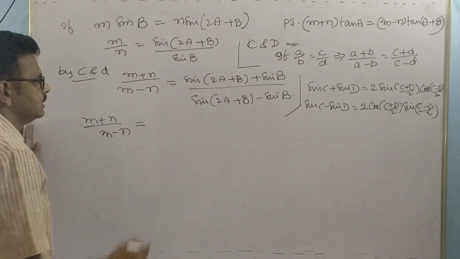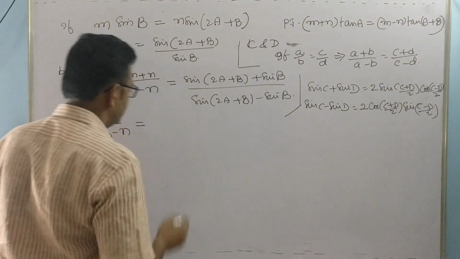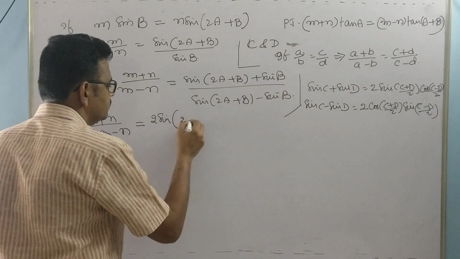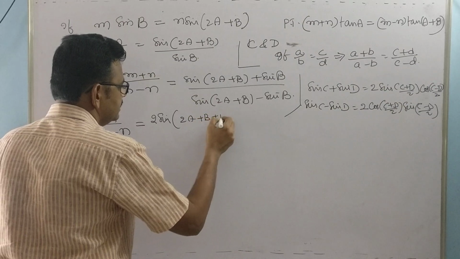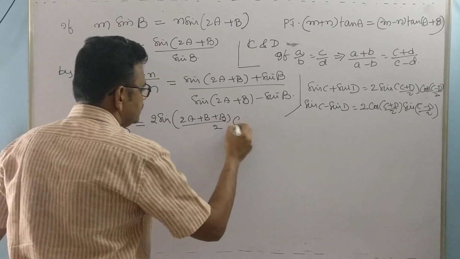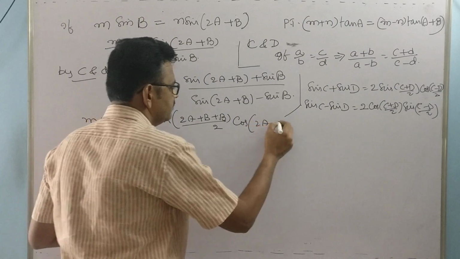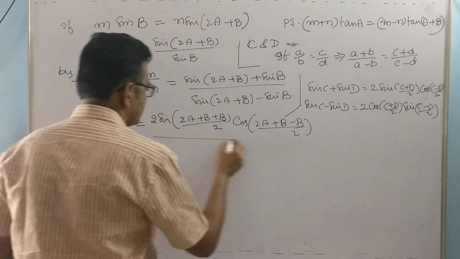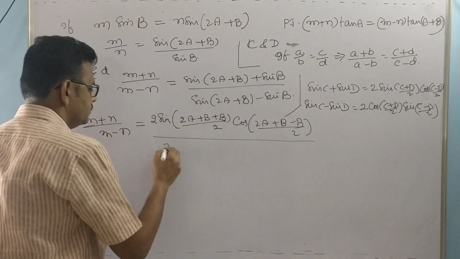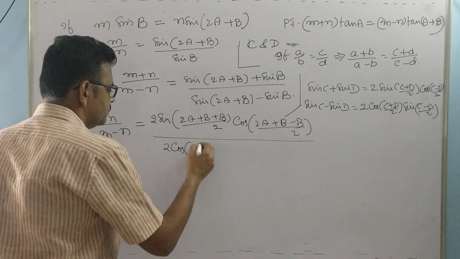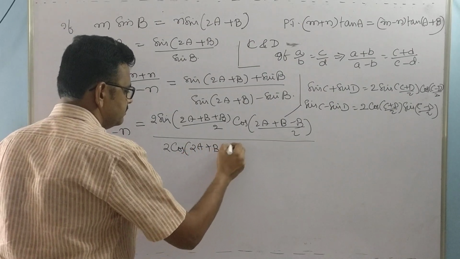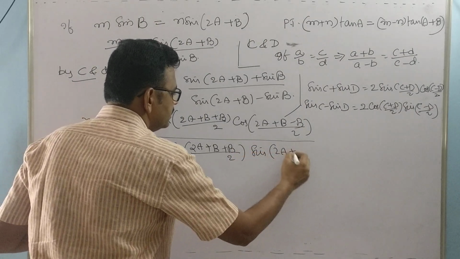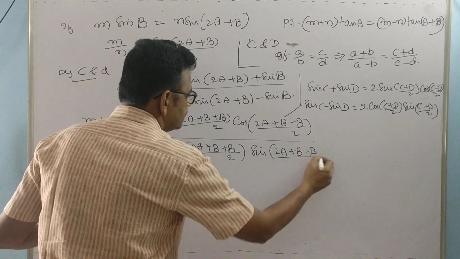So this is equal to 2 sin of (2a plus b) by 2 into cos of (2a plus b minus b) by 2, by 2 cos of (2a plus b) by 2 into sin of (2a plus b minus b) by 2.